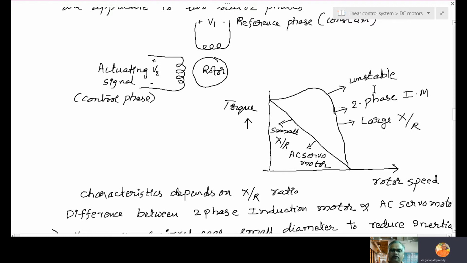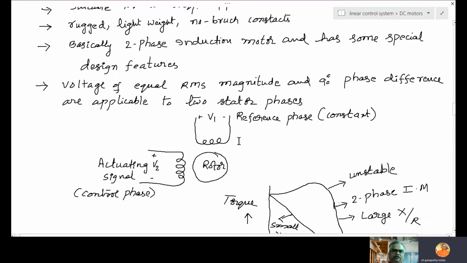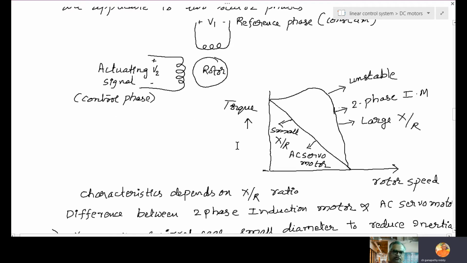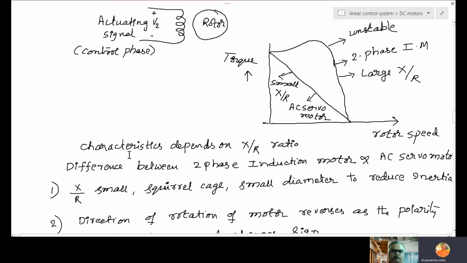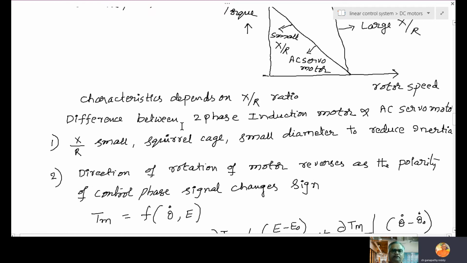So the two-phase induction motor, after these changes, is converted into an AC servo motor, which is more stable. That is the main difference between these two motors. So the characteristics depend on the X by R ratio.